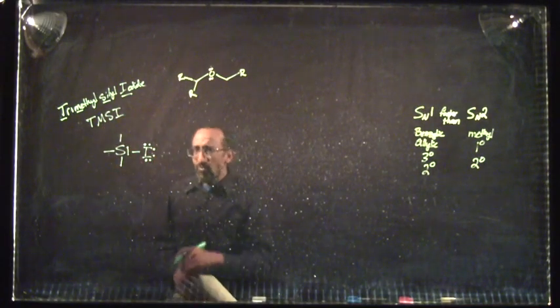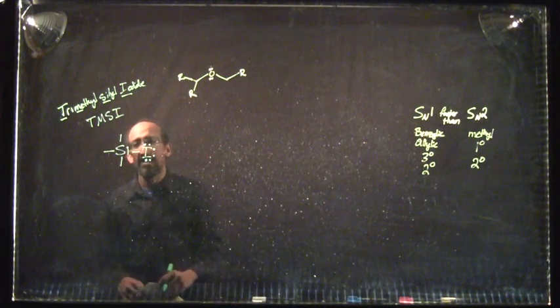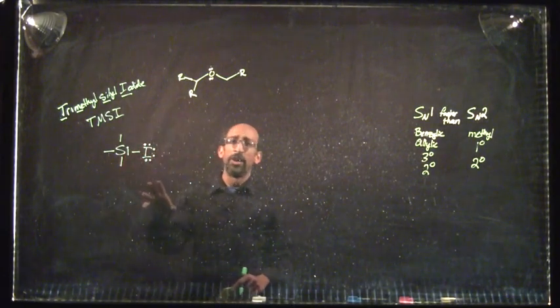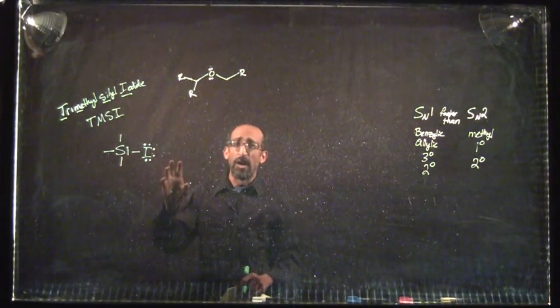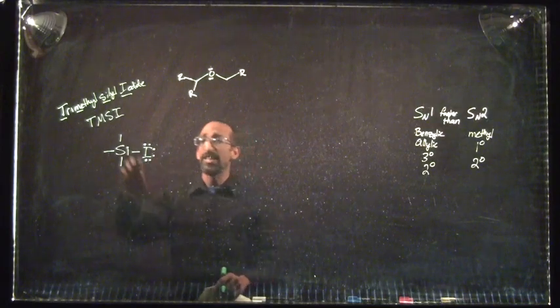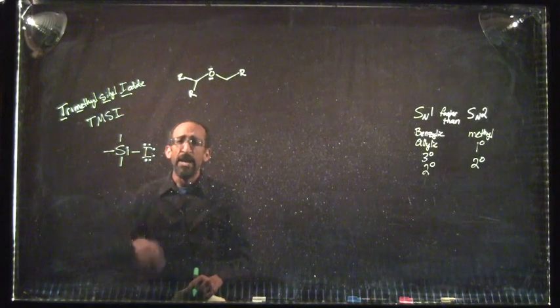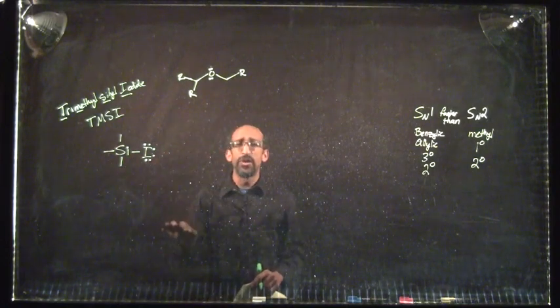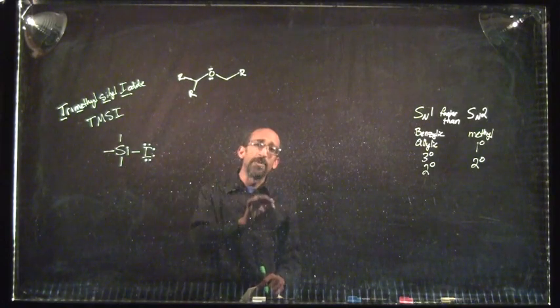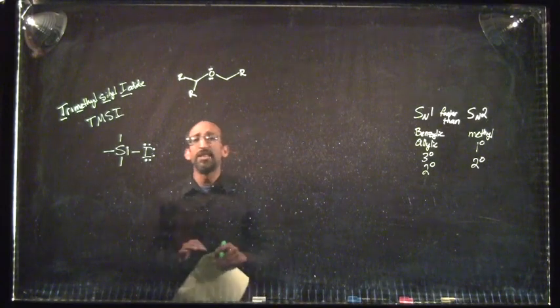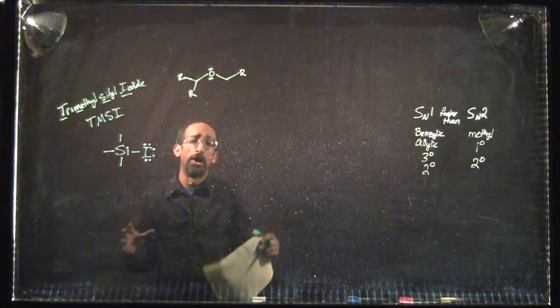Now, what we're going to see here in a second is that silicon can serve as an electrophile for SN2 reactions, even though it has 3 alkyl groups off of it. And the reason that silicon can do this where carbon cannot is because silicon is actually physically larger than carbon.